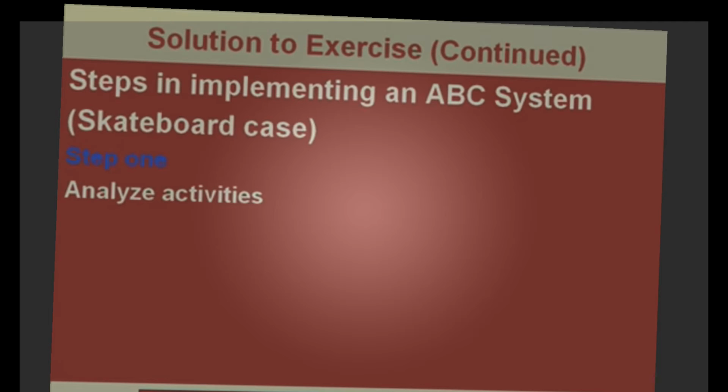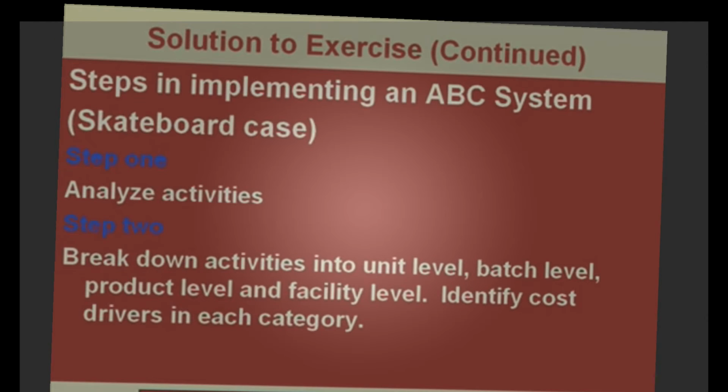Step 2. I want you to categorize each activity in step 1 as either unit level, batch level, product level, or facility level. And for each, identify the cost driver. The cost driver is a factor that drives the cost.